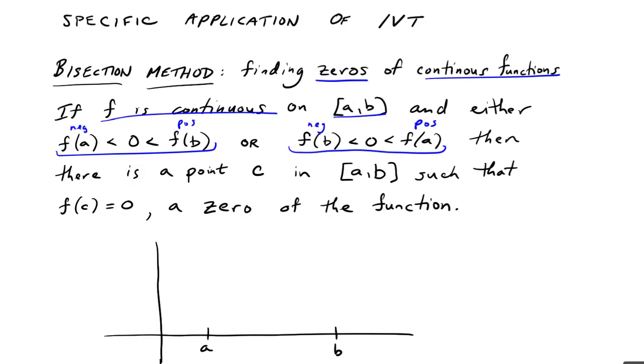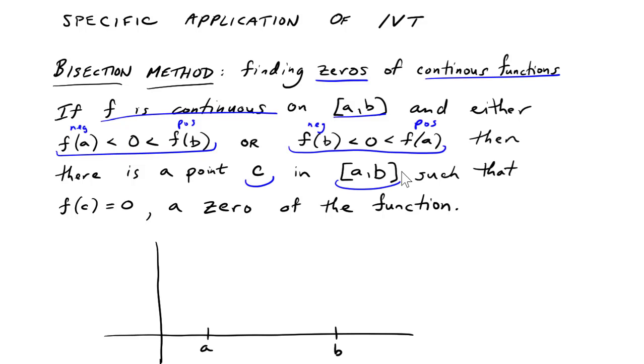So one value on one end is positive, and the value on the other end is the opposite, negative. Then there is a point c in (a, b) such that f of c equals 0, a 0 of the function. So that's what we're looking for.